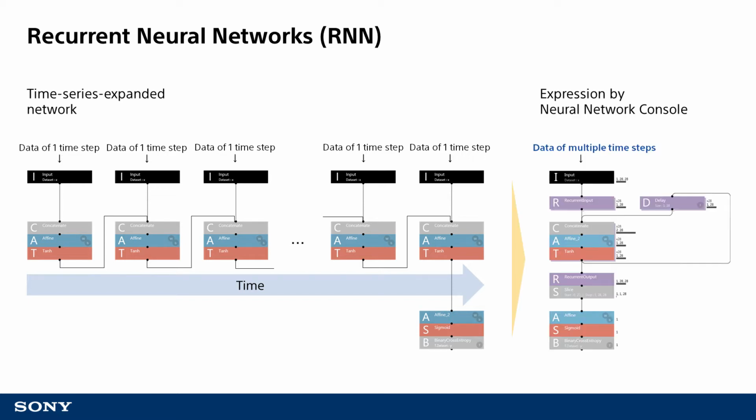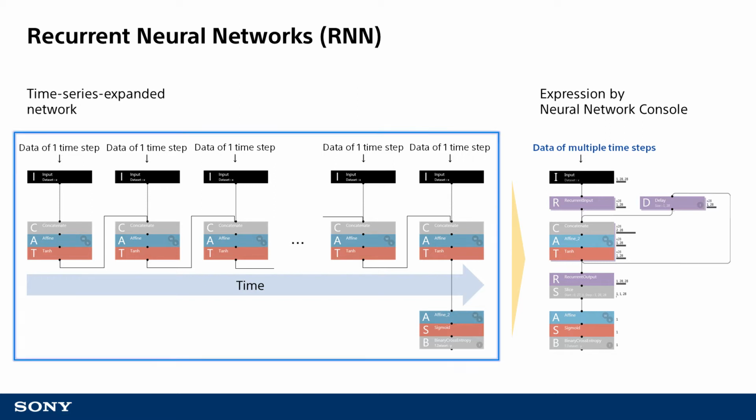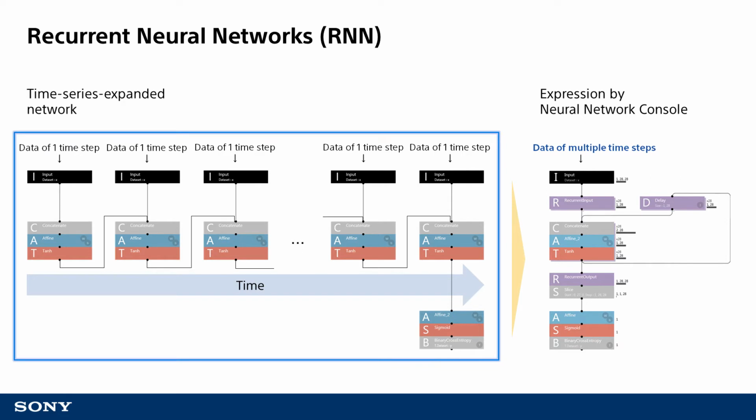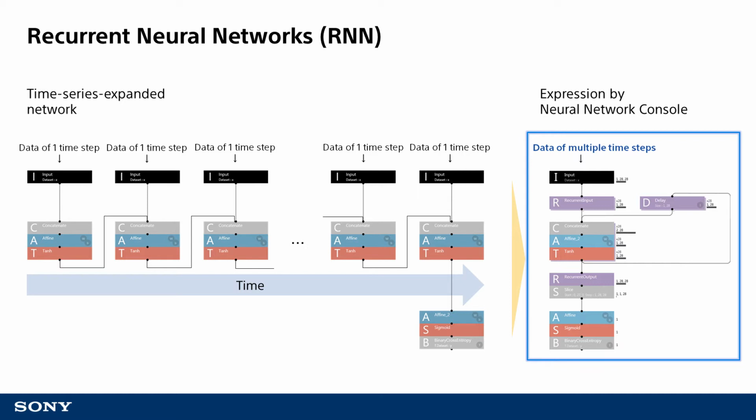Therefore, I would like to explain in this video how to express RNN using the neural network console. Here, RNN expanded in the time direction on the left, and the expression using the neural network console on the right represent the same network. In the neural network console, you can express RNN expanded in the time direction in a compact and intuitive way.